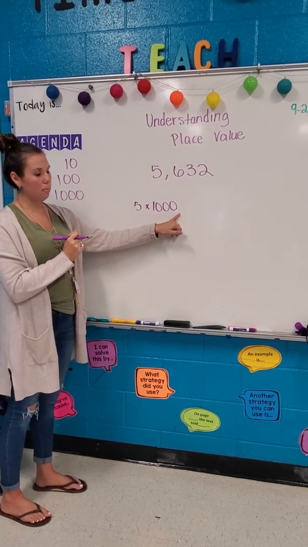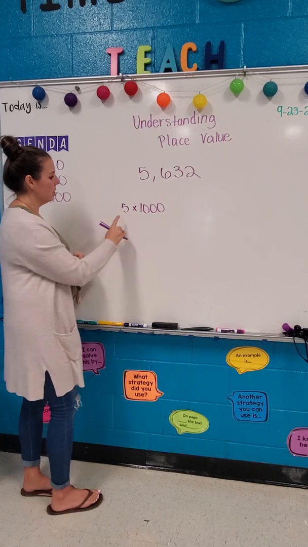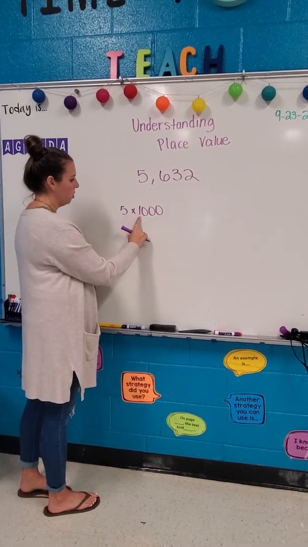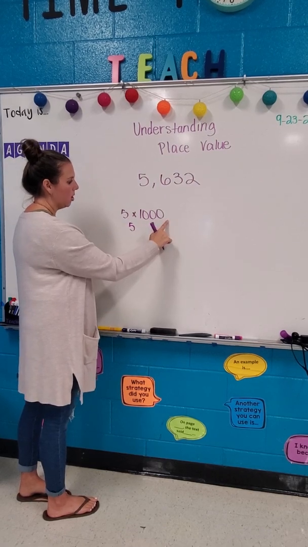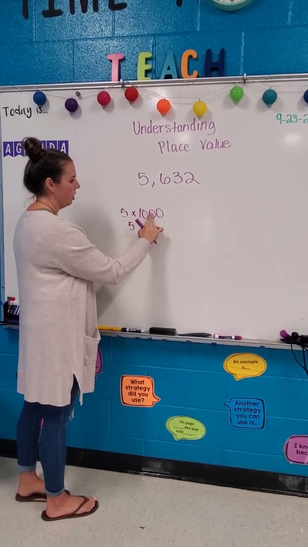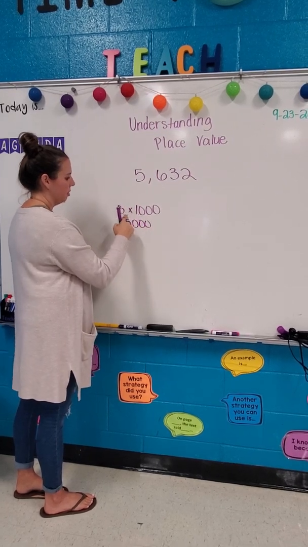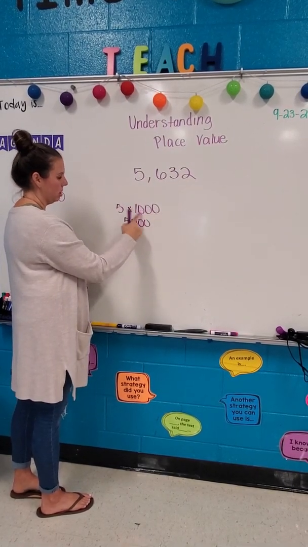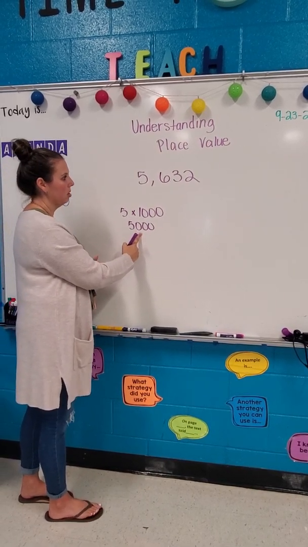Anytime that you're multiplying something by one of those multiples of 10, all you have to do is ask yourself, what's 5 times 1? It's 5. And then tag on however many zeros you have. So 1, 2, 3. So 5, if I have 5 1,000s, 5 times 1,000, then that just equals 5,000.